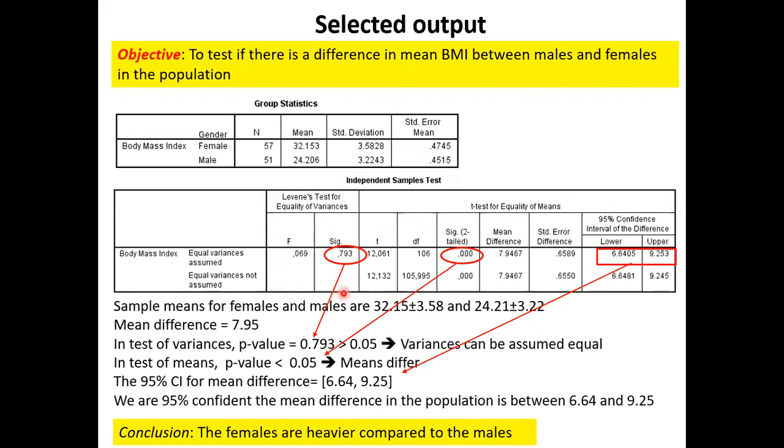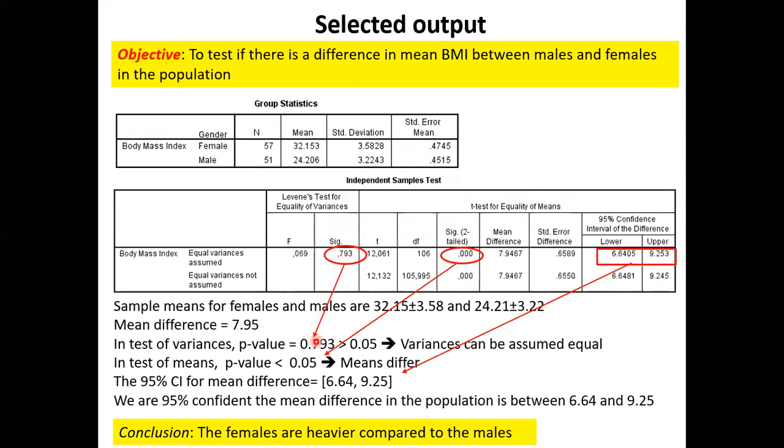This part is equality of variance. This part is equality of means. So 2 tests in 1 table, 1 test for variance, testing the assumption, 1 test for the means, testing the objective. Right. So look at the p-value for variance.